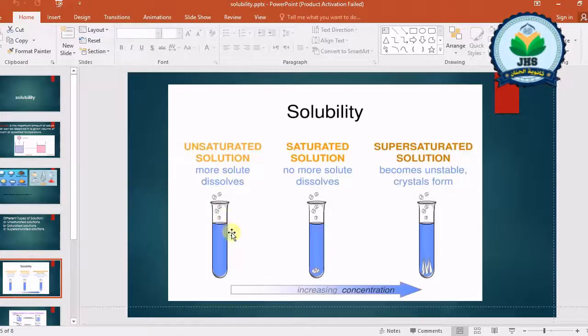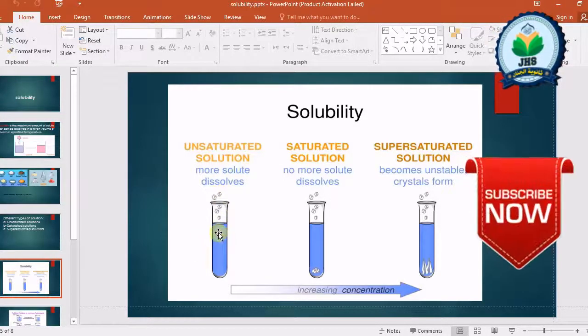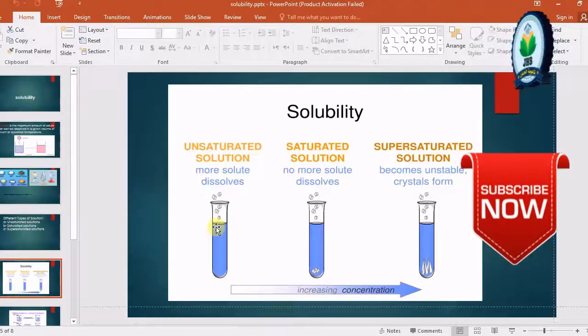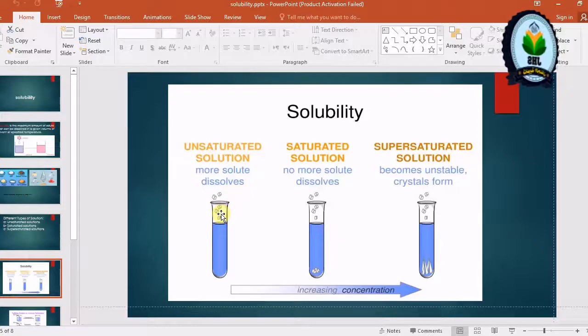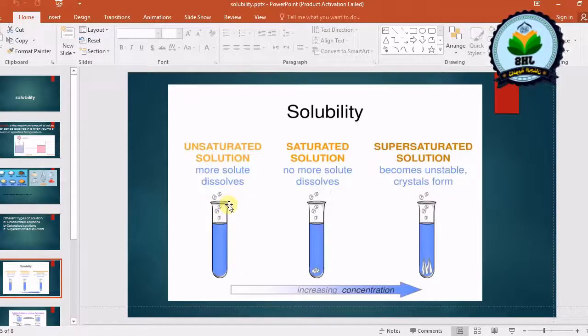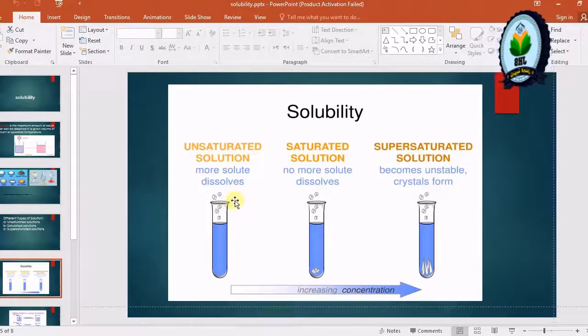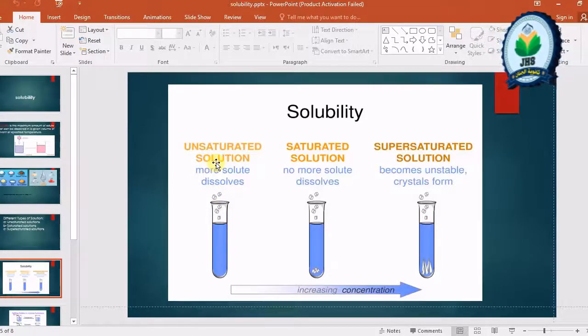In the first tube, we add the same level of water. We add solute, let's say sugar. If we add a small amount, let's say 3 or 4 particles of sugar, to the water, it can dissolve because it's a little amount of solute. So we call it an unsaturated solution.